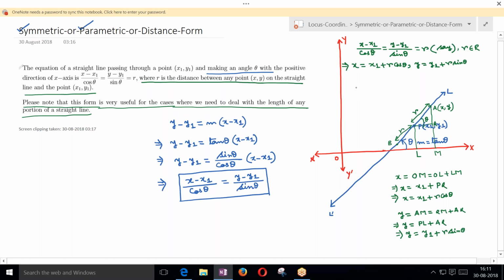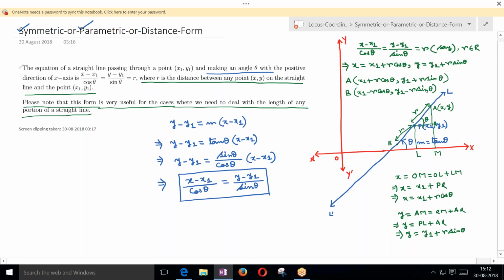So there are 2 points possible. If we consider the point A as (x1 plus r cos theta, y1 plus r sin theta), then we get the point B as (x1 minus r cos theta, y1 minus r sin theta).